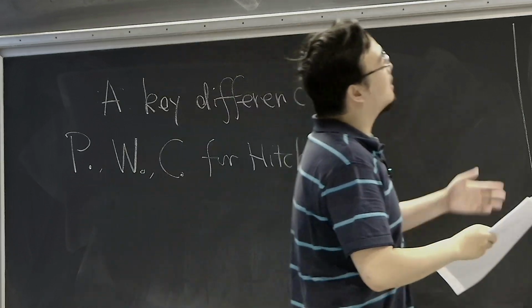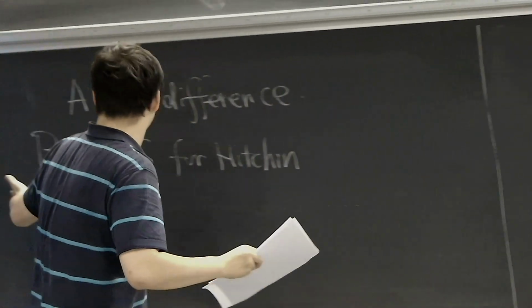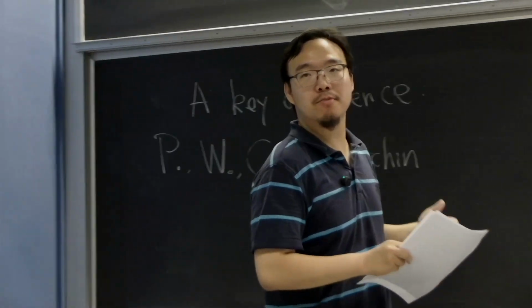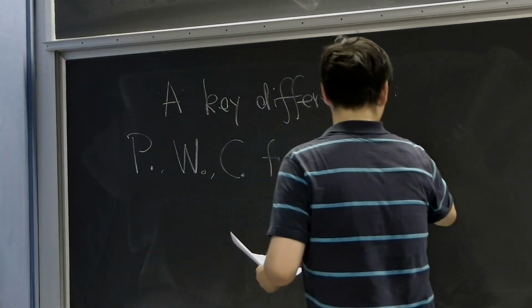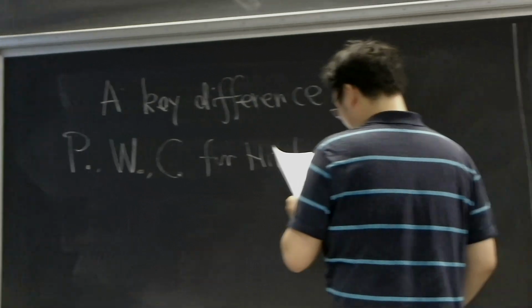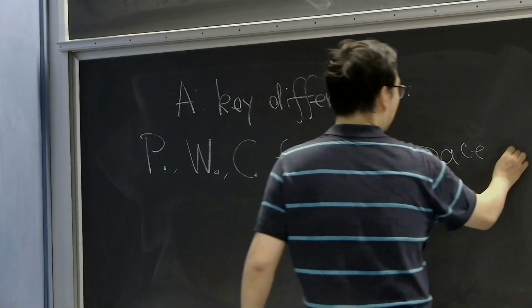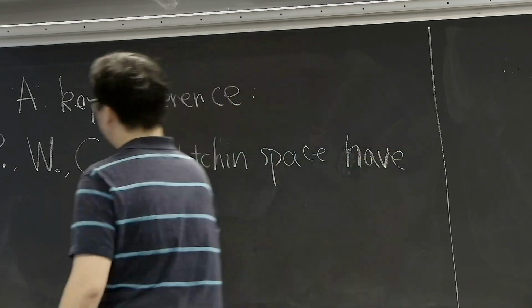So the conjectures are about filtrations, but actually, now we know that they are equivalent, and this is actually a statement not for filtrations, but for decompositions. So for the Hitchin space, we have natural splittings.